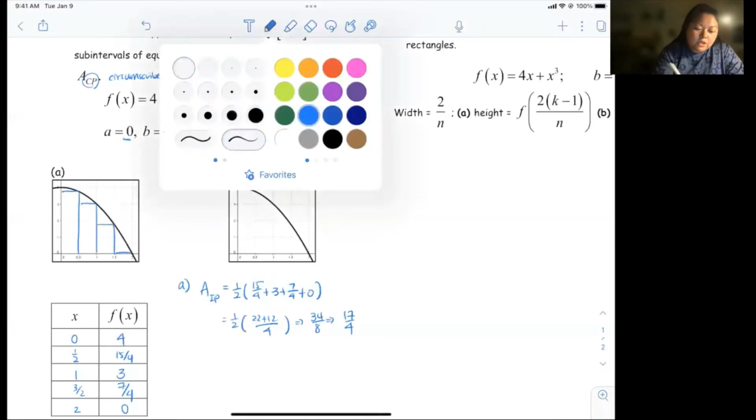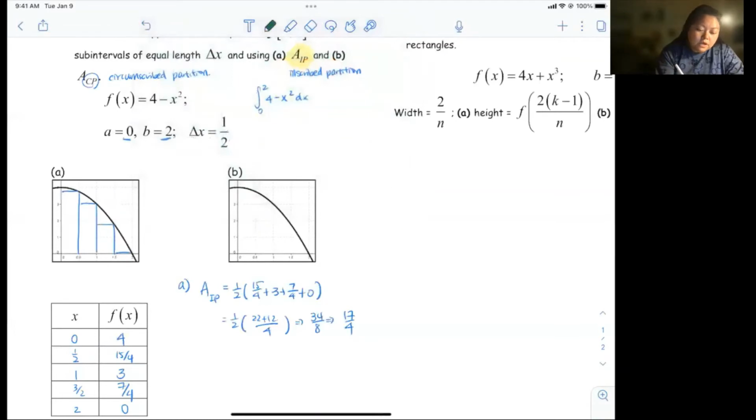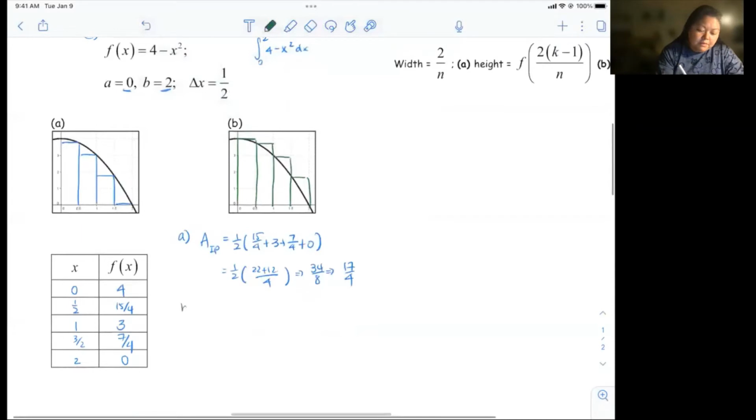Now I'm going to look for circumscribed. So circumscribed in this case, I'm going to use LRAM, because if I use LRAM, I can see I go from the left side over, I'm going to be over the graph completely in every step. So it's going to be an overestimate that way, right? So part B, for a circumscribed partition, 1/2, I'm using LRAM, so 4 plus 15/4 plus 3 plus 7/4.